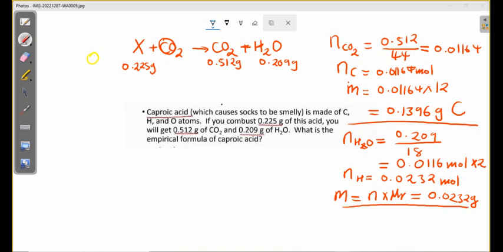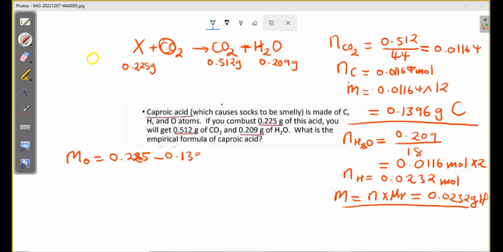We'll get the mass of the total compound, that is 0.225, and then minus the mass of carbon, which is 0.1396, minus the mass of hydrogen, 0.0232.